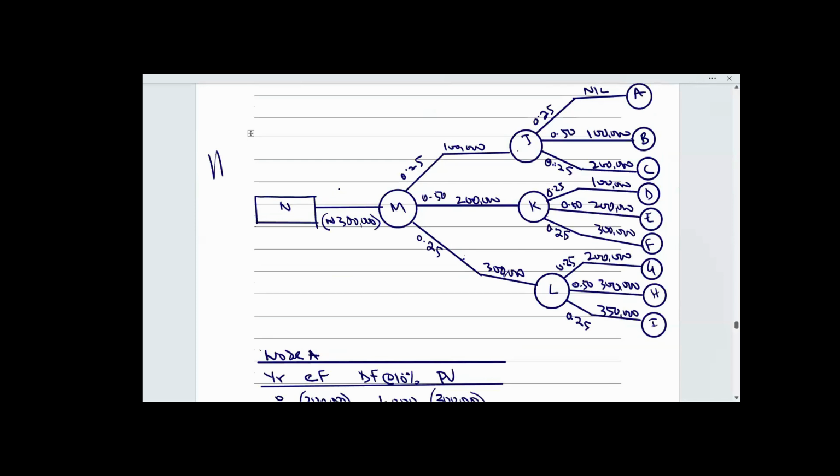From the diagram, year 1 is 200,000 cash flow.